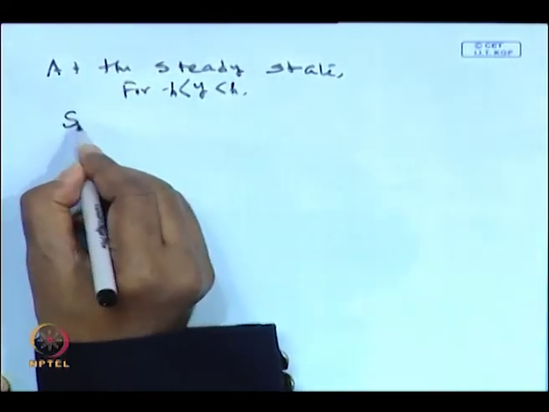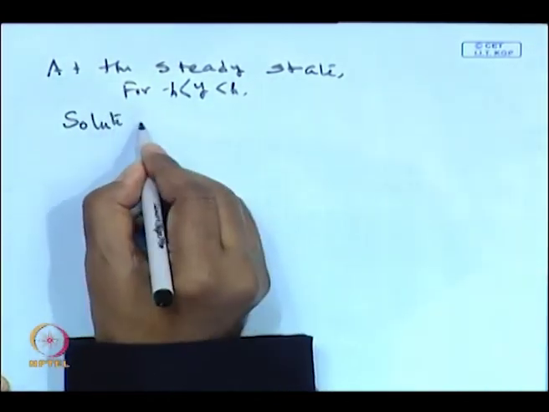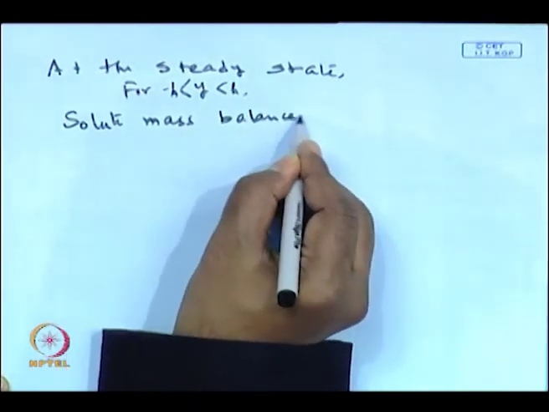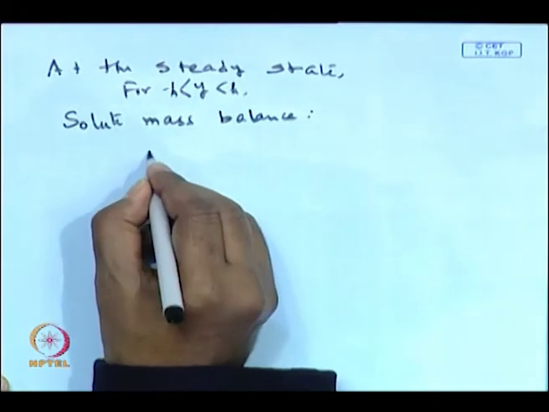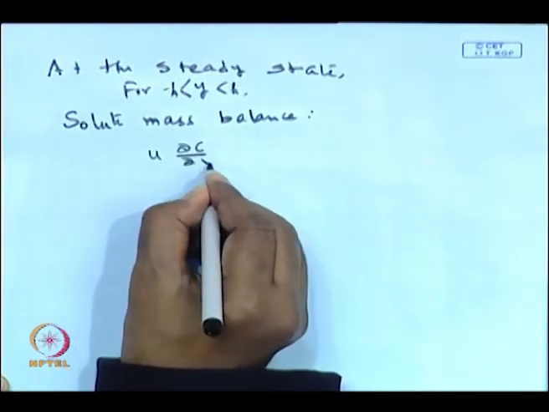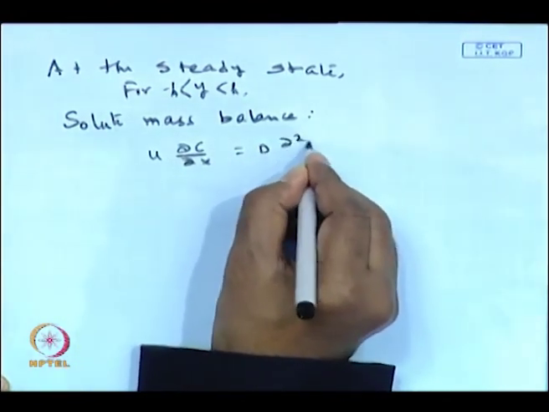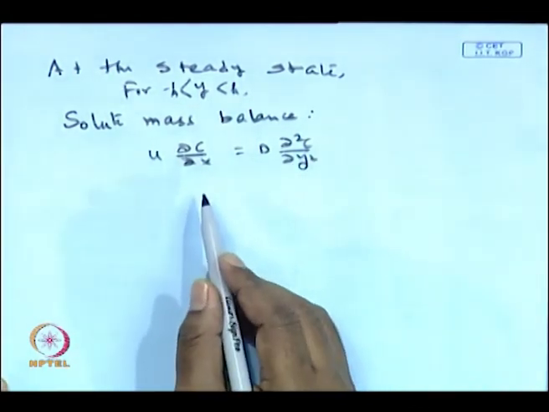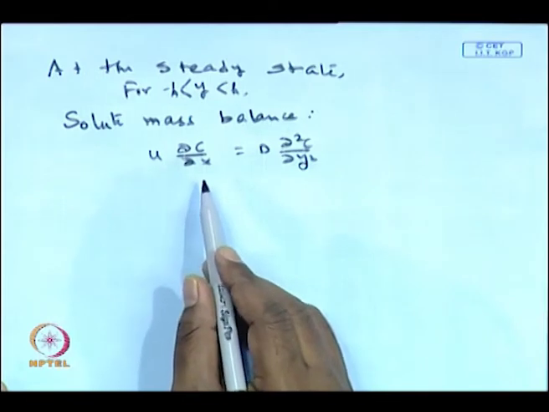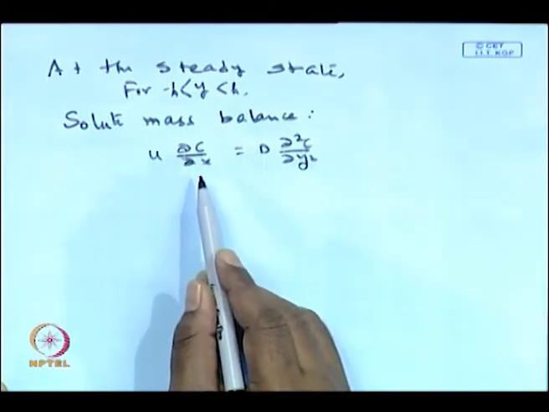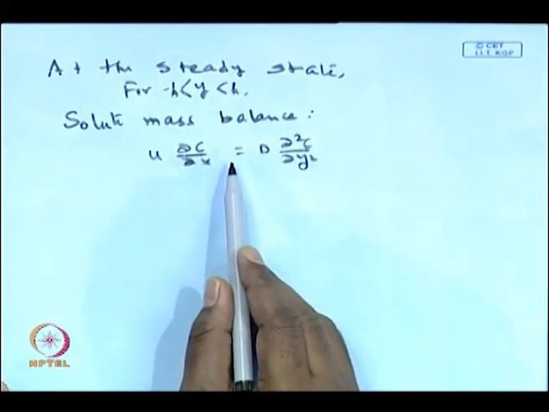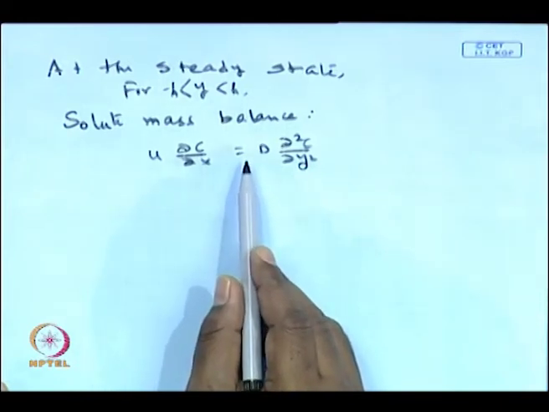We write down the solute mass balance, that will be simply u del c del x is equal to D del square c del y square. Okay. If you remember, when we were talking about the pressure driven membrane based separation processes, we wrote down the concentration balance equation within the mass transfer boundary layer. There was an extra term here, that was plus v del c del y.